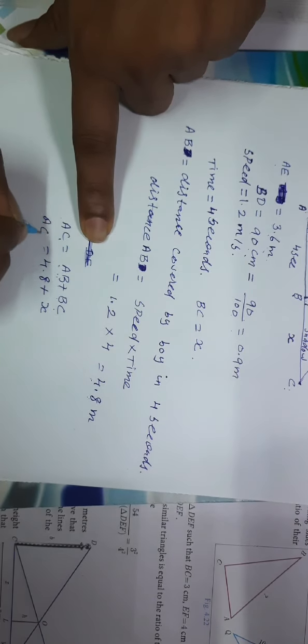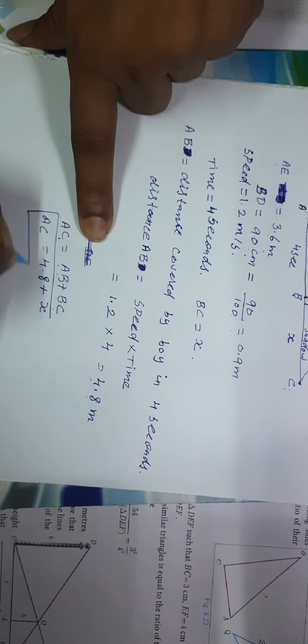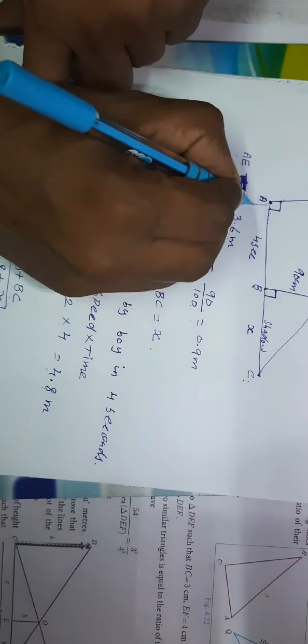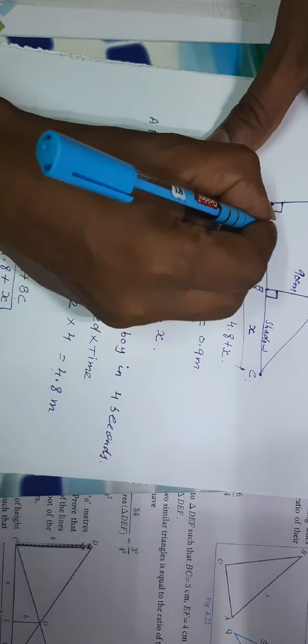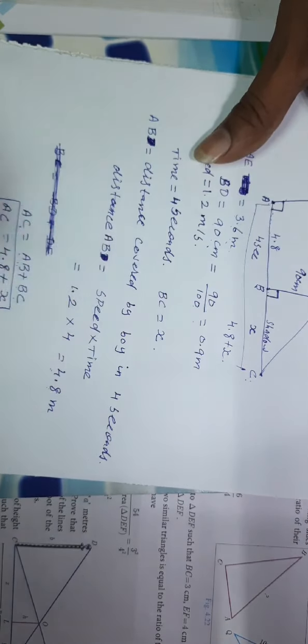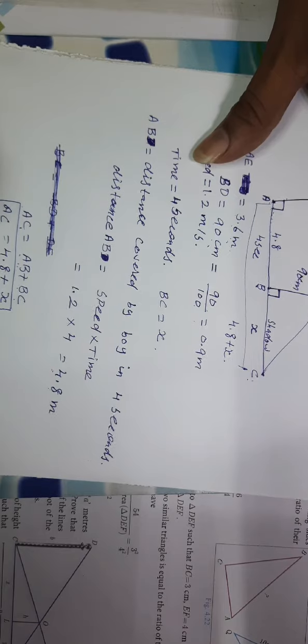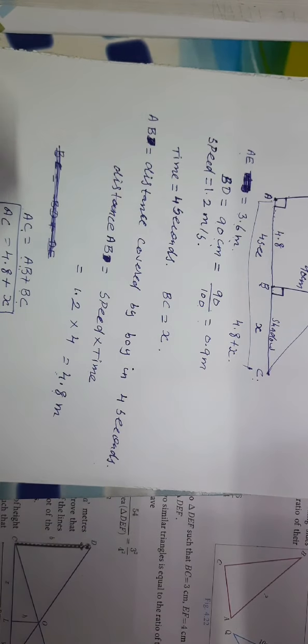So we can get AC is equal to 4.8 plus x. So AC is equal to 4.8 plus x and AB is equal to 4.8. Now you want to prove the triangles are similar, then next you want to find the value of x.